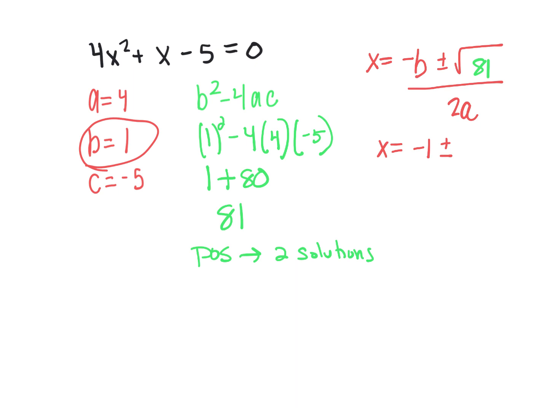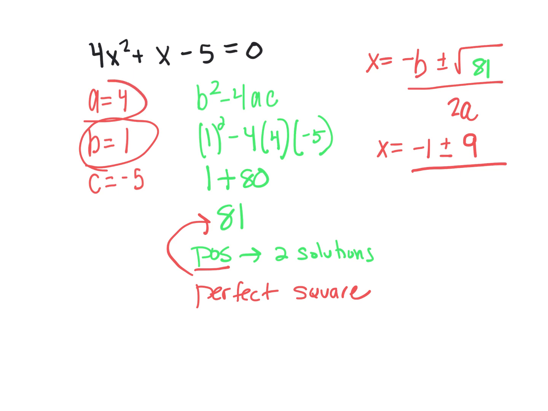Now here's where we see something a little bit different. This was not only positive, but this 81 is a perfect square. And so we're going to be able to take the square root of 81, which is 9, divided by 2 times a. And a is 4. 2 times 4 would be 8.